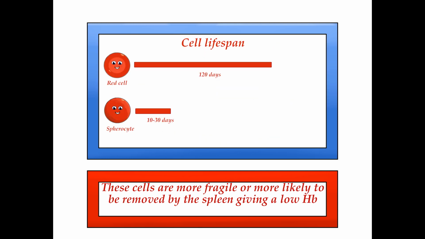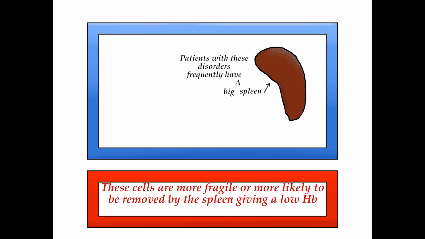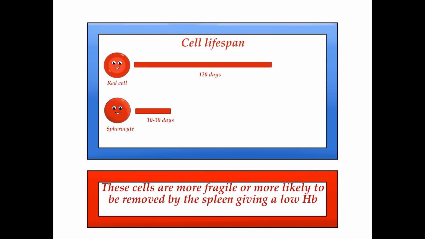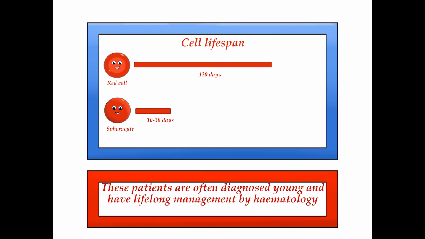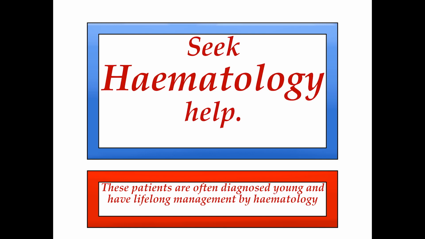These cells are often more fragile and more frequently removed by the spleen, etc. So their life's shorter, so you get the anemia because of it. And to be honest, that's about as much as I know, because these conditions are usually picked up by haematology, managed by haematology, and rarely involve the rest of us.